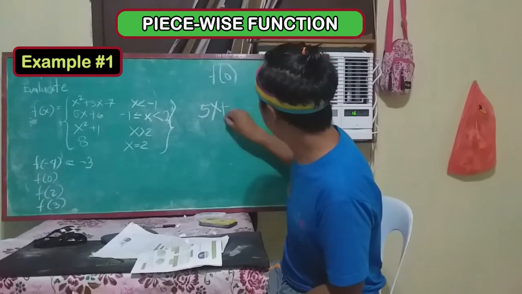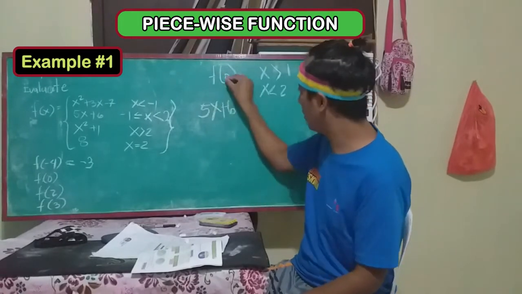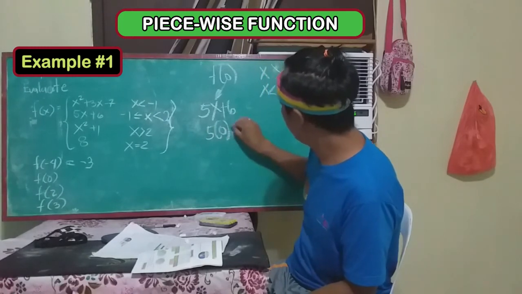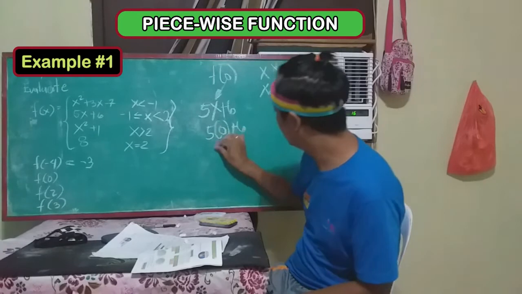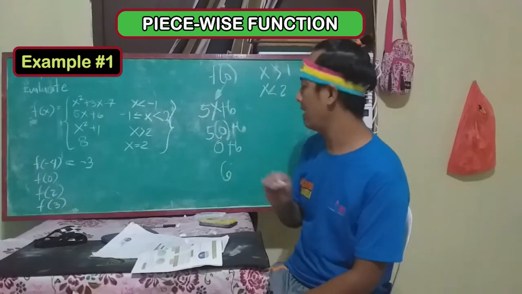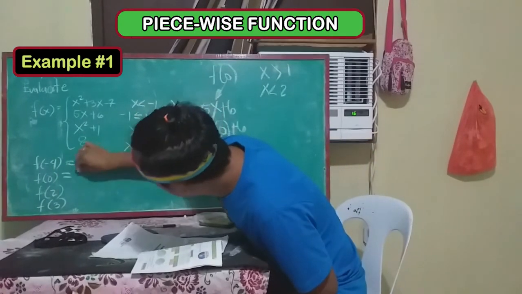Papalitan natin yung x ng 0. 5 times 0 plus 6. Ano na? 5 times 0, 0 plus 6. 0 plus 6, 6. Kaya ang value ng f of 0 is 6.